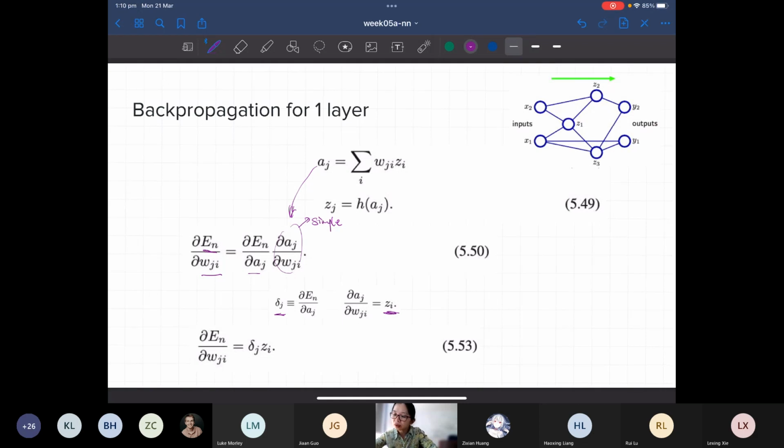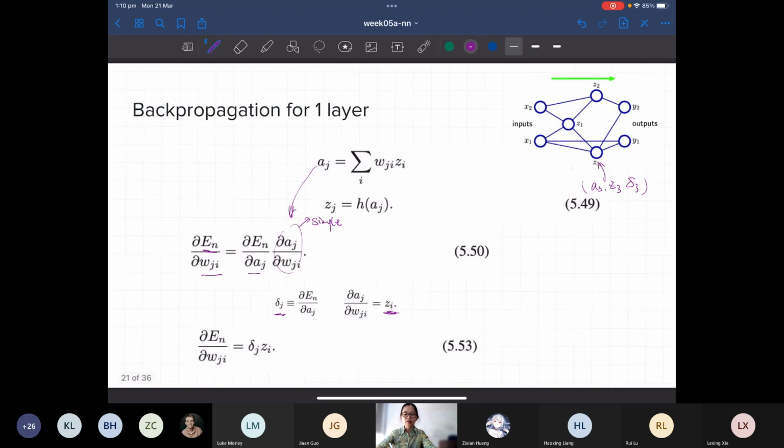Right, so sitting on each of these nodes are, let's say, A3, Z3, and also delta 3. If you're actually doing this computation, you need to essentially compute and store all of these, as we'll cover. So the delta J right now is just a symbol. We'll cover it in a bit because it's the key to recursion.